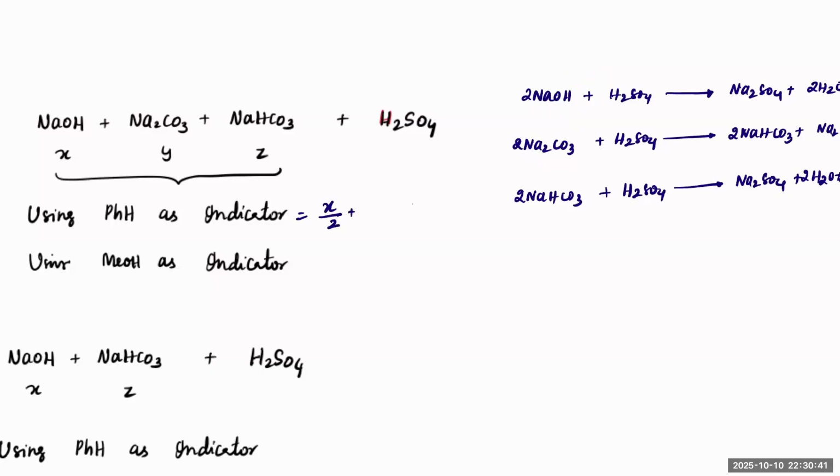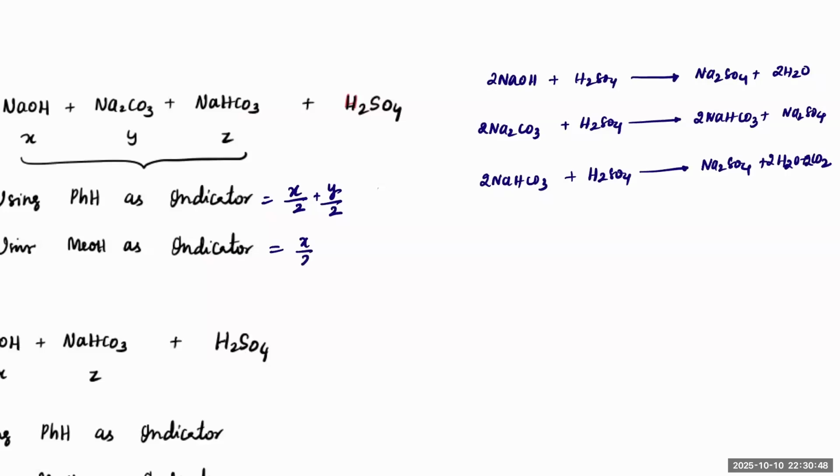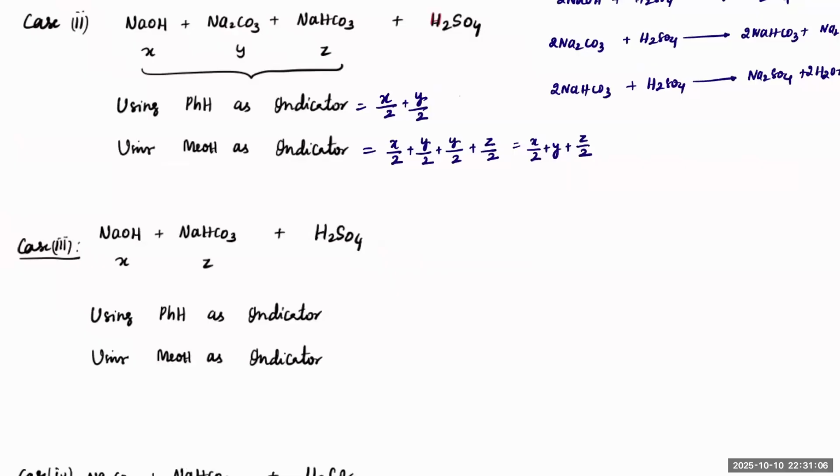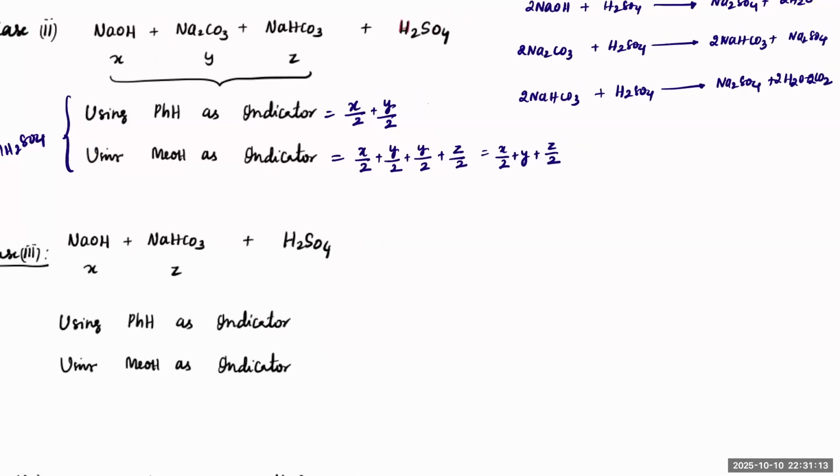X by 2 moles and Y by 2 moles. Then when it comes to methyl orange, it has to be X by 2 plus Y by 2 plus Y by 2 plus Z by 2. Correct? So that is equal to X by 2 plus Y plus Z by 2. These are the number of moles of H2SO4 used for titration.